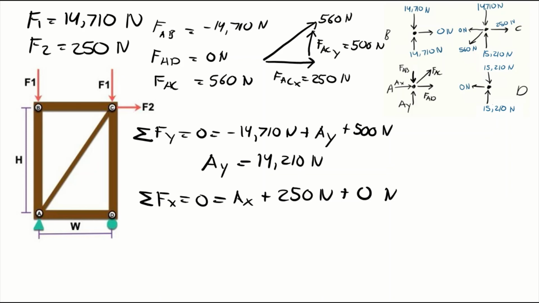Solving this, it gives you that A sub X is equal to negative 250 newtons. And this negative sign, again, just means that I drew my arrow for A sub X at joint A in the wrong direction, and the arrow should be pointing away from the joint.